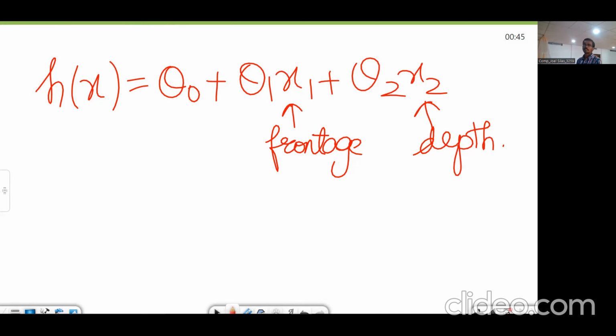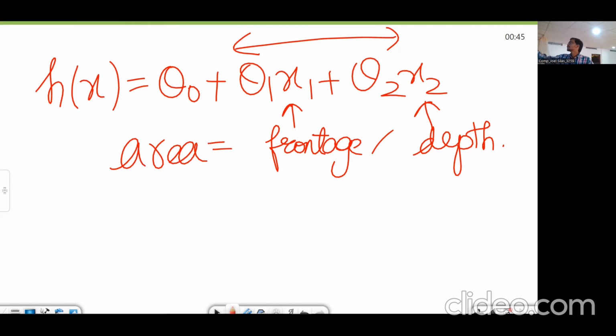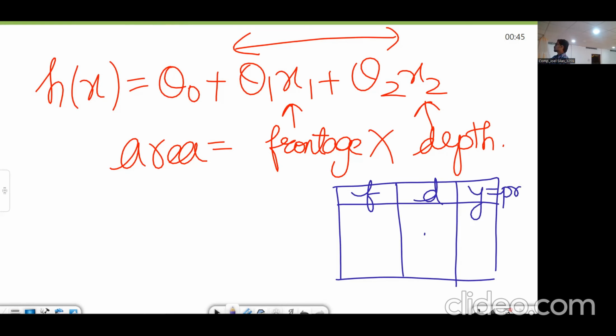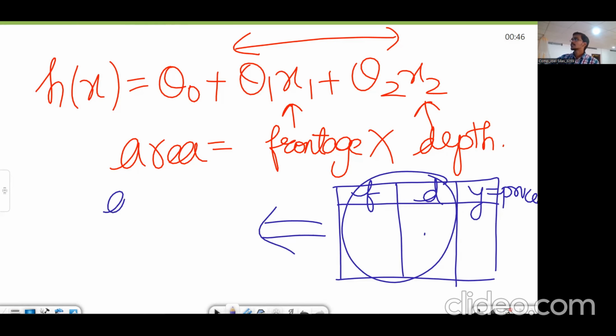However, if we want to reduce the number of features and parameters to a single product, we know that area is equal to frontage into depth. So why not add another feature to our data set? Till now, our data set was like this: we had frontage, we had depth, and then we had the price. Now we'll eliminate two columns or two features and make this a single feature.